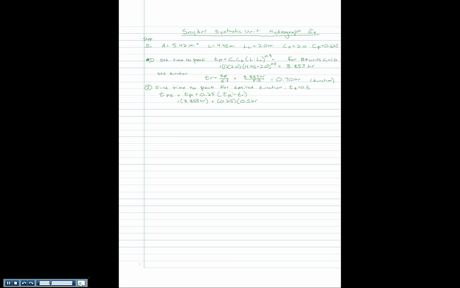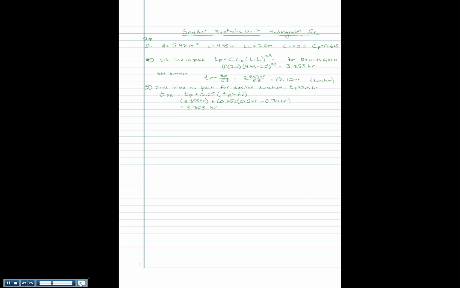There's a diagram in the book that shows the hydrograph of a storm and then the triangular shape of the unit hydrograph. And so what we've just done is found that the T sub PR is the distance from the middle of the hydrograph to the peak of the hydrograph. And the amount of time that elapses from halfway through the storm to the peak of the hydrograph itself.